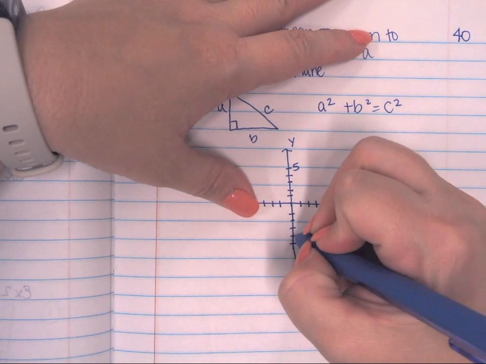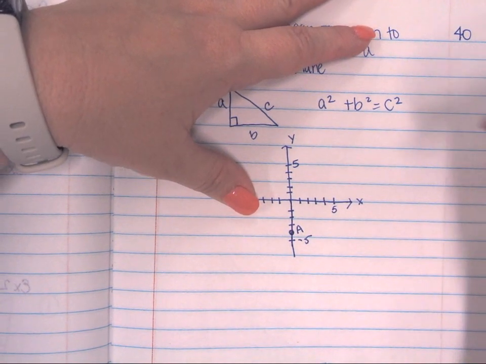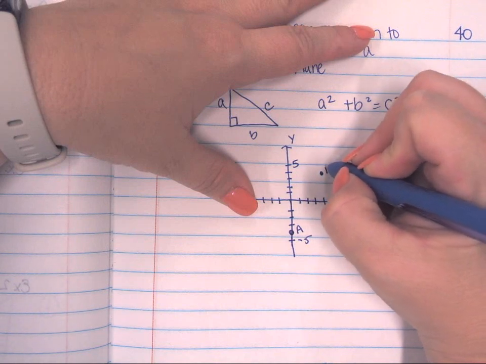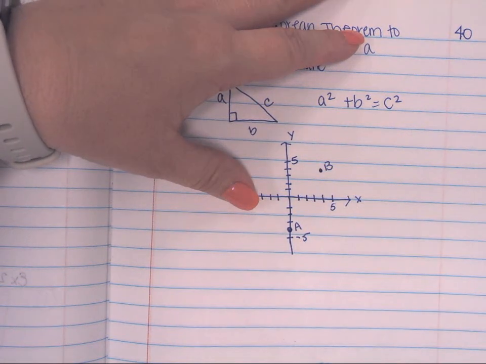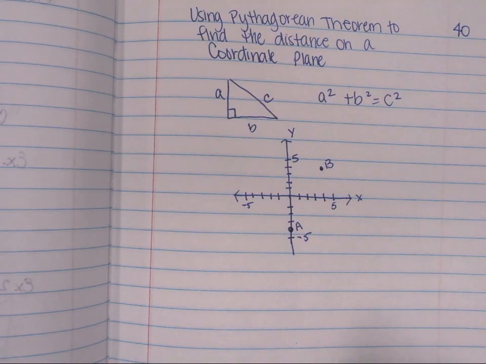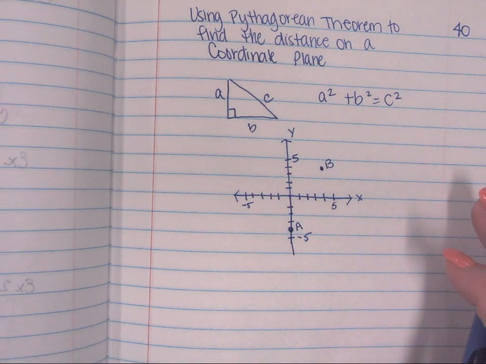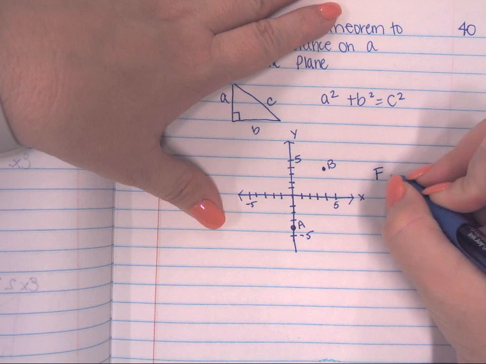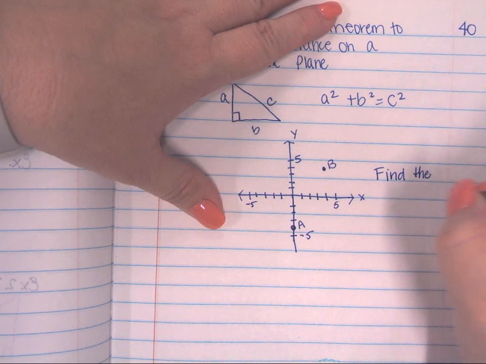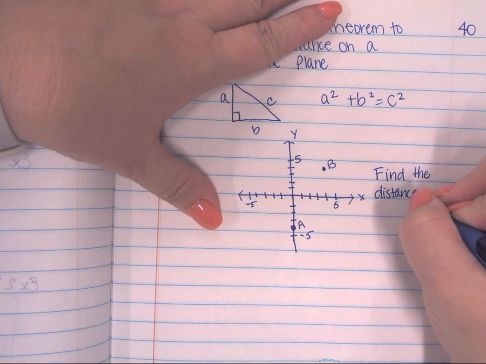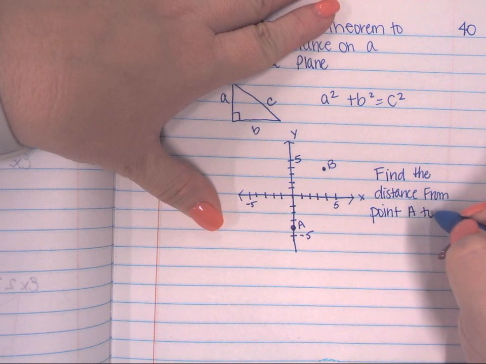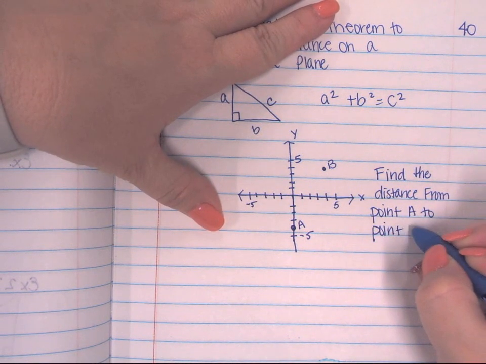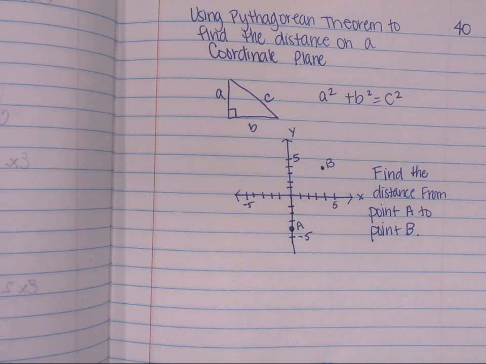And I have point A and point B. Okay, and I want to know the distance from point A to point B. Okay, I can use the Pythagorean theorem to find the distance from point A to point B. I'm going to do that by creating a right triangle.